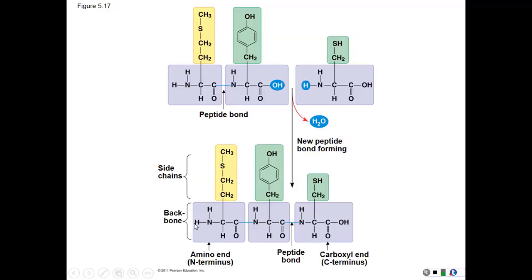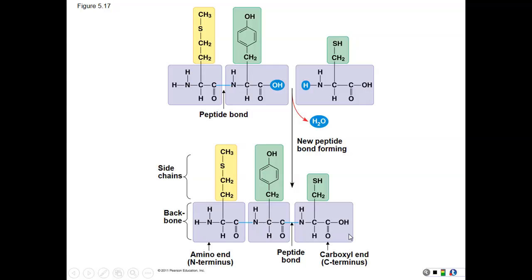At the other end of the protein, no matter how long it is, if it's 500 amino acids long, at one end you'll have an amino group. At the other end you'll have this carboxyl group, the carboxylic acid, sometimes referred to as the C-terminus, the carbon end. All right? So that becomes important because when cells string together amino acids, they use ribosomes to catalyze that reaction. They always start at the amino terminus, and they always end at the carboxy terminus.